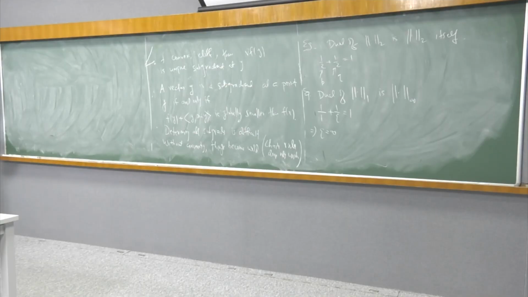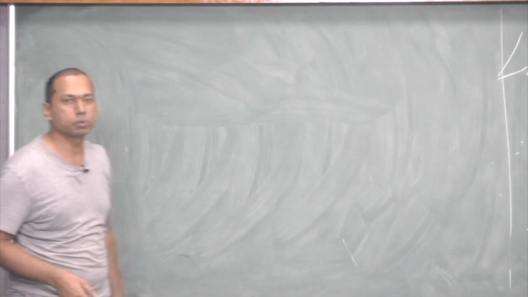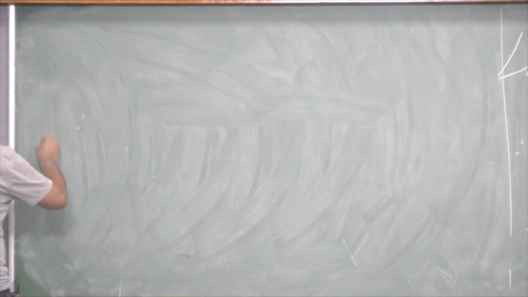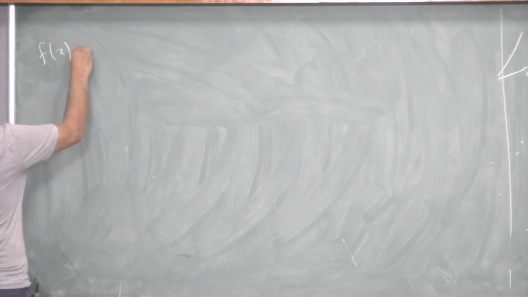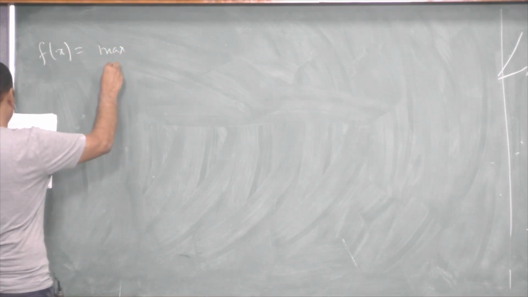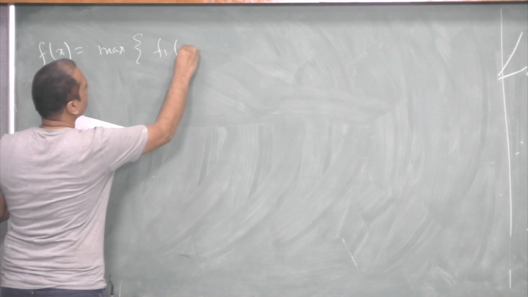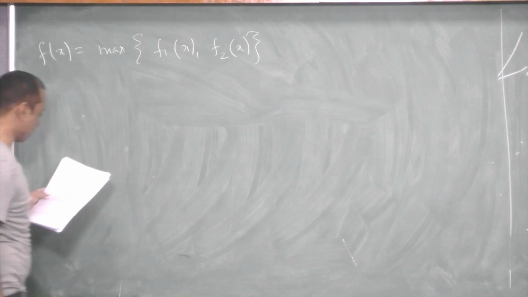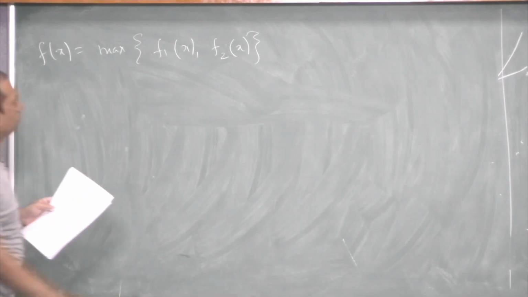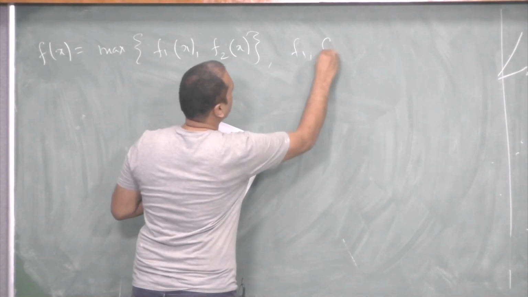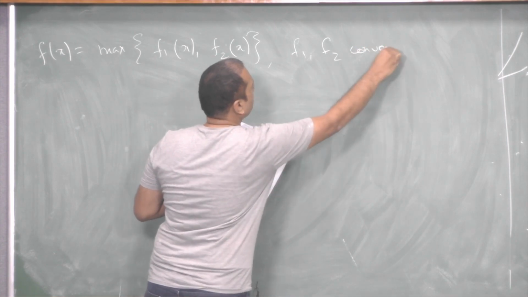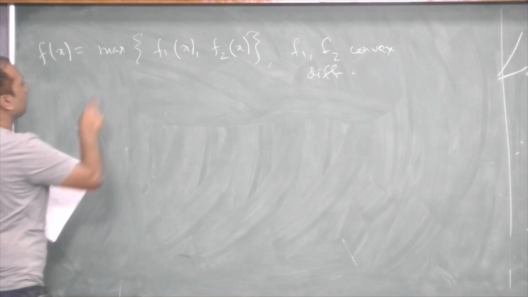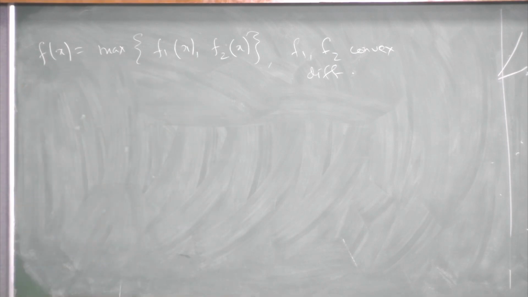If we look into a very specific example where max functions are usually not differentiable, let us say f(x) is the max of f1(x) and f2(x), the max of two functions, and both of them are convex. Individually they are differentiable, but the max function that comes out may not be differentiable.